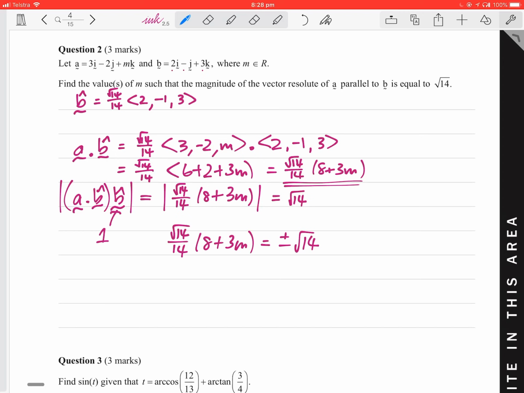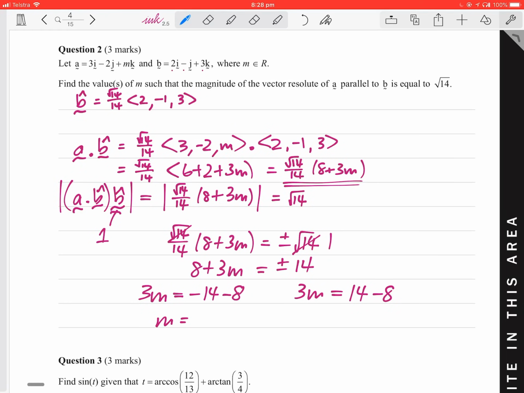Now if I divide by root 14, the root 14s cancel, and when I times by 14, I get 8 plus 3m equals plus or minus 14. So 3m equals minus 14 minus 8, and 3m equals 14 minus 8.